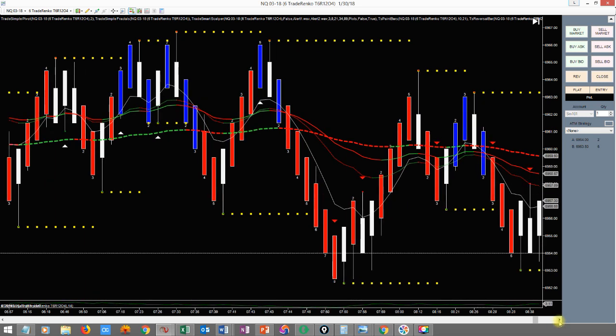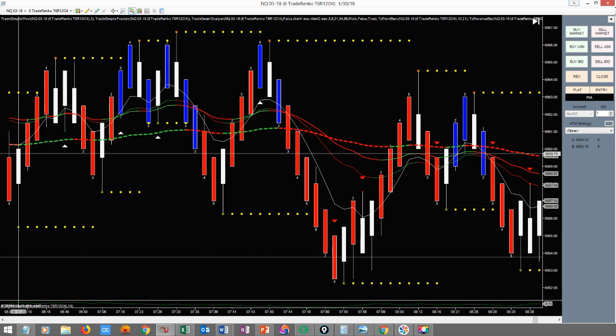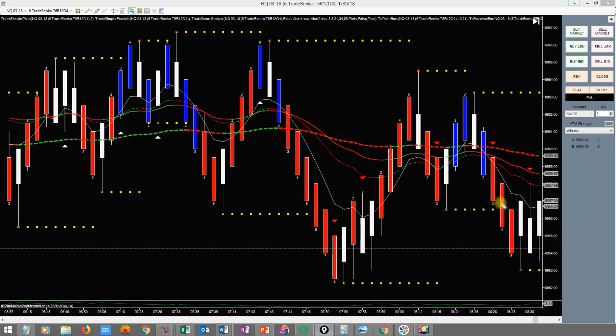So the very first trade will come here at the three candle pattern. The three tail pattern happens when these three bars appear, and when that happens, you take a trade right over here, or anywhere along this white bar.